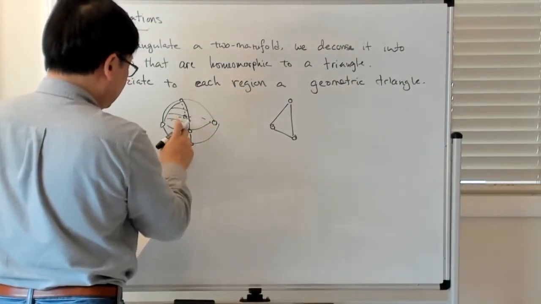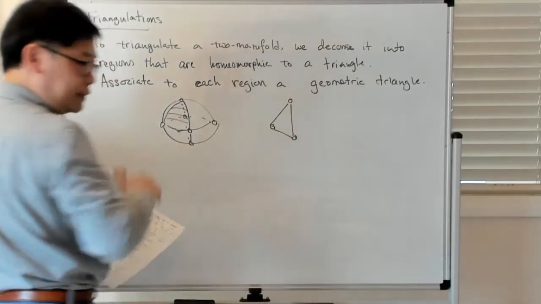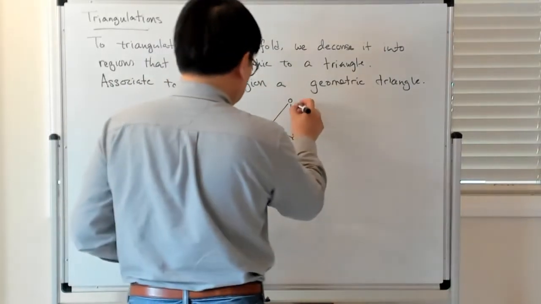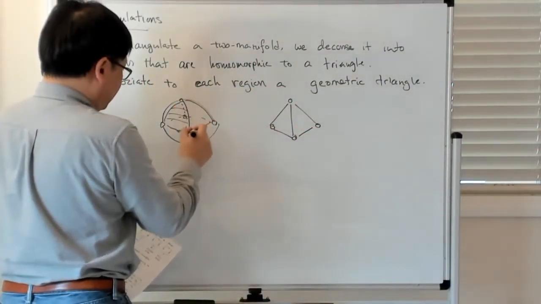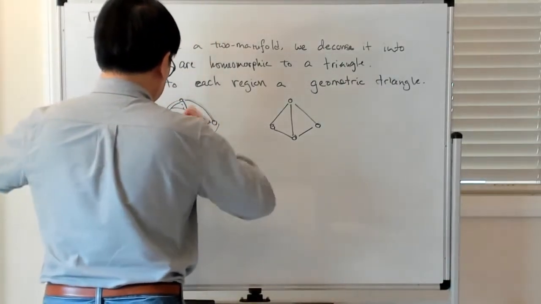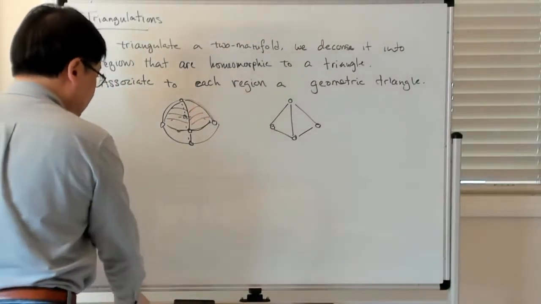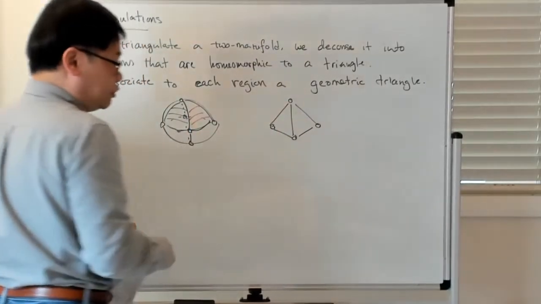So I have these 4 points on the equator, and then the 2 points at the north and south poles. I'm going to look at another triangle, which is this piece here. So this piece corresponds to this triangle, and this piece corresponds to this triangle.